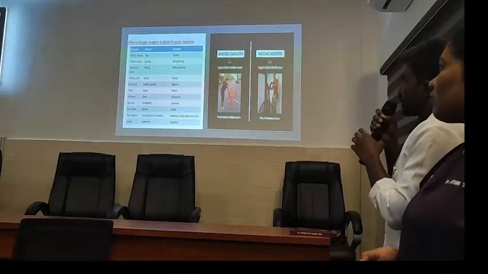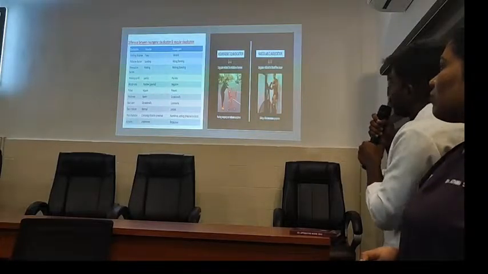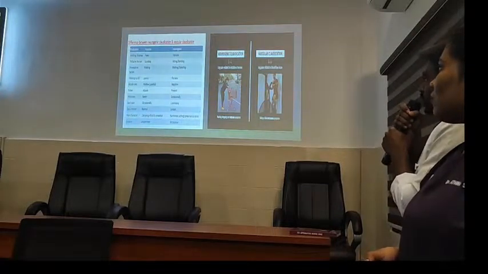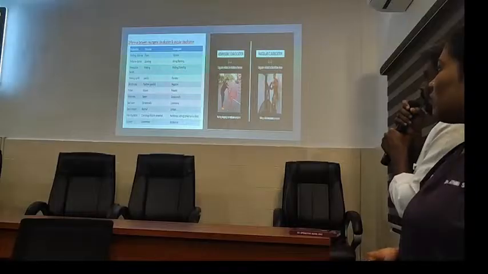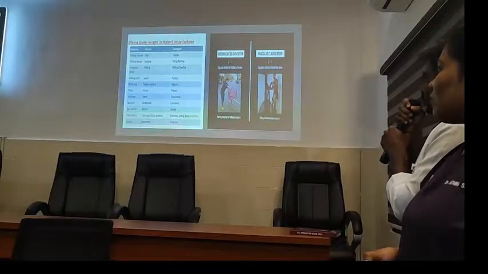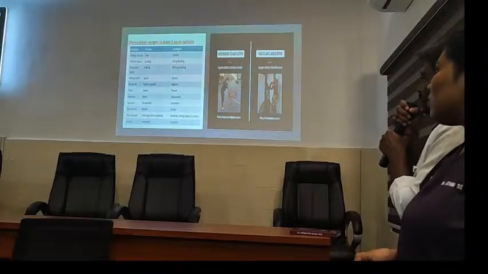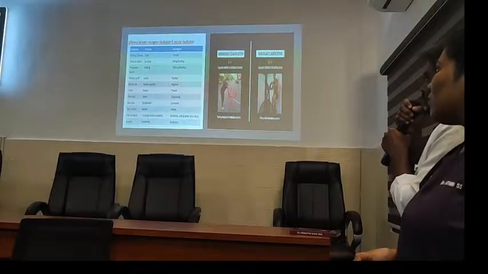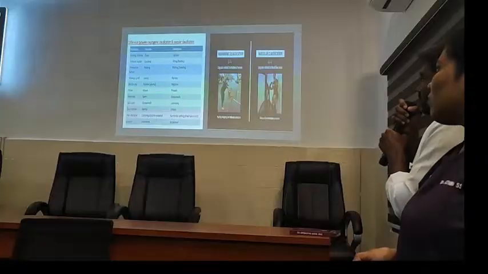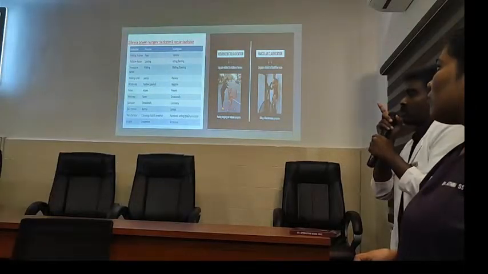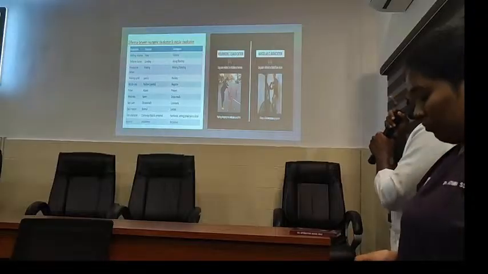Provocative: on walking, the pain increases in vascular claudication, and on walking and standing the pain increases in neurogenic claudication. Walking uphill, it will be painful in vascular claudication and painless in neurogenic. It is also due to the position of flexion and extension, as mentioned earlier.